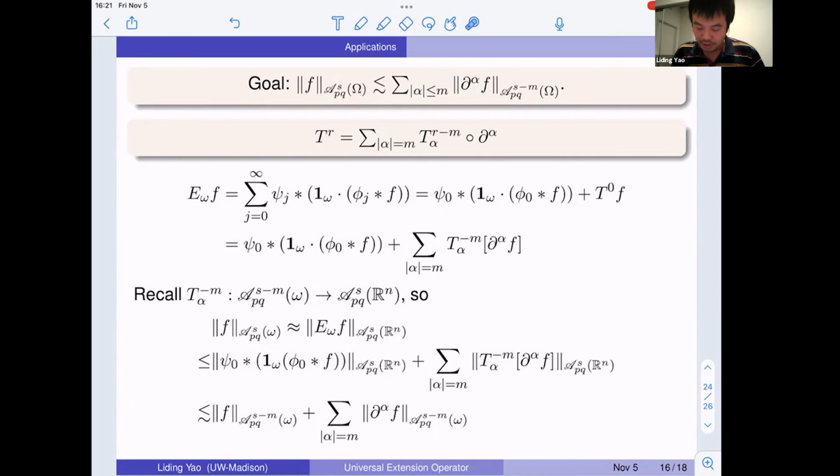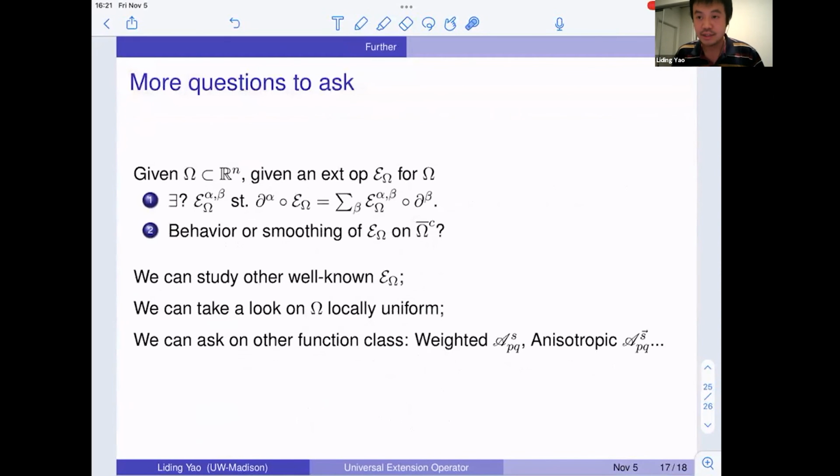I just want to mention that this kind of property, we can actually talk about on general classes of extension operators. Whenever we have an extension operator, we can ask whether we can find this kind of commutator property, and whether we can talk about the smoothing estimate of the extended functions.